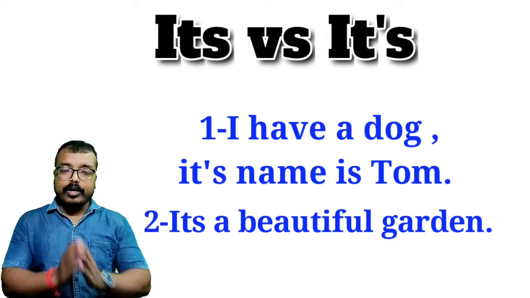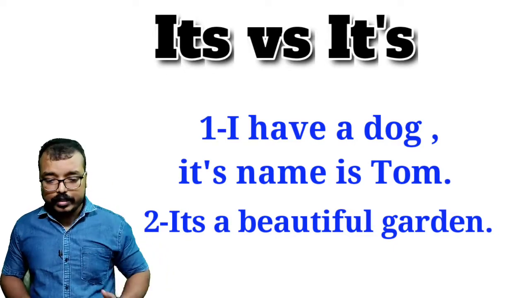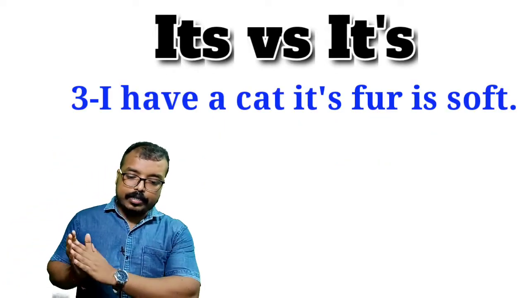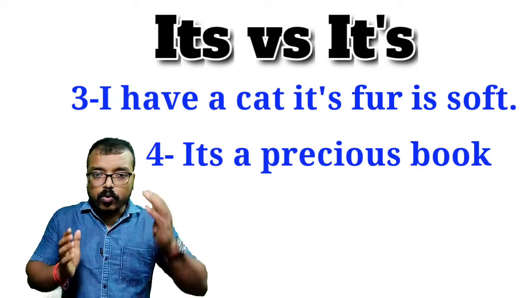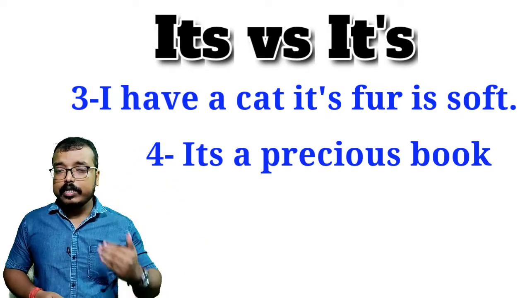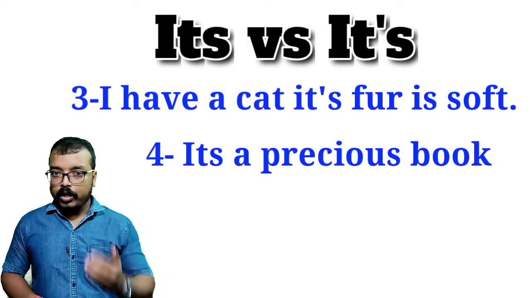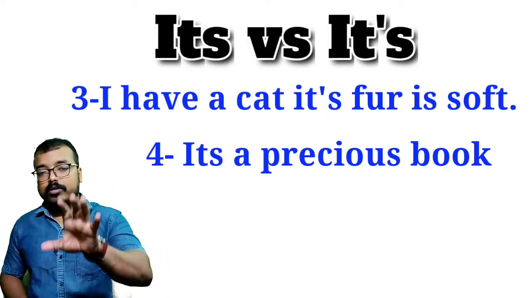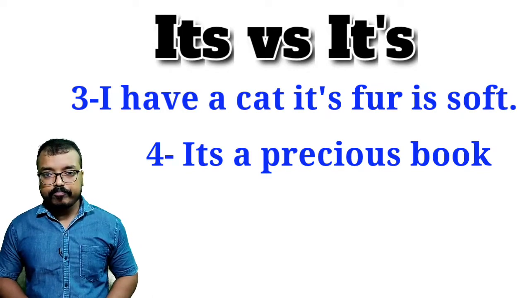In these two kinds of sentences, I have given four sentences, like: I have a cat, its fur is soft, and it's a precious book. Within all of these four sentences, I have used its. You will have to say what kind of problem is in each and every sentence.